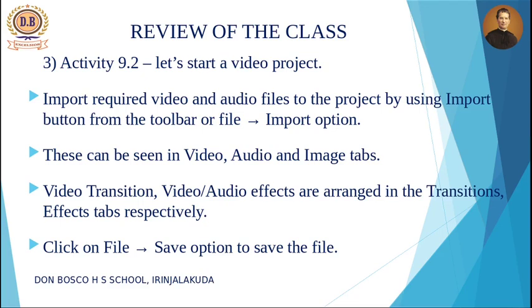Video transitions, and video and audio effects are arranged in the transitions and effects tabs respectively. From those tabs we can add video transitions and effects to the video. After all, click on file, save option to save the file. Give a suitable file name and select a suitable folder in order to save the file. So these are the first and second activities which we discussed in today's class session.